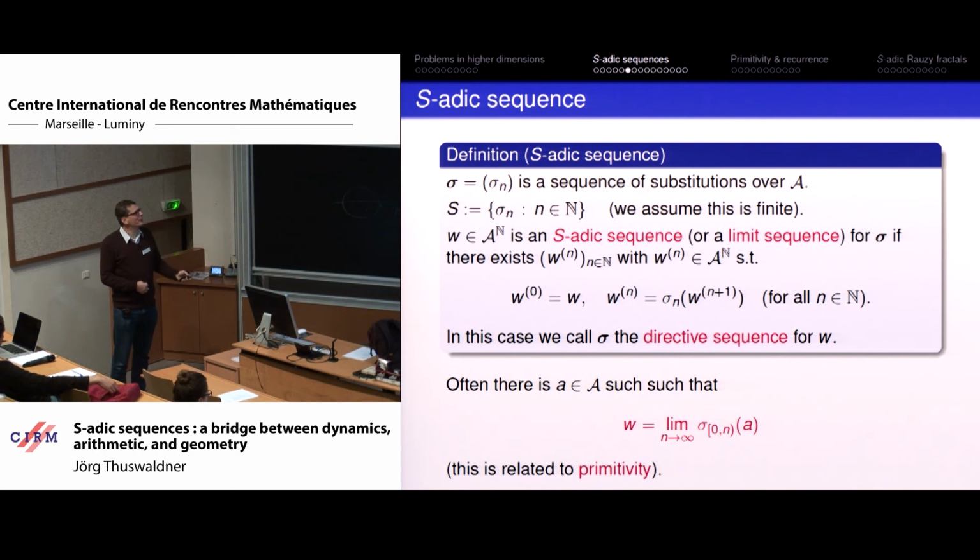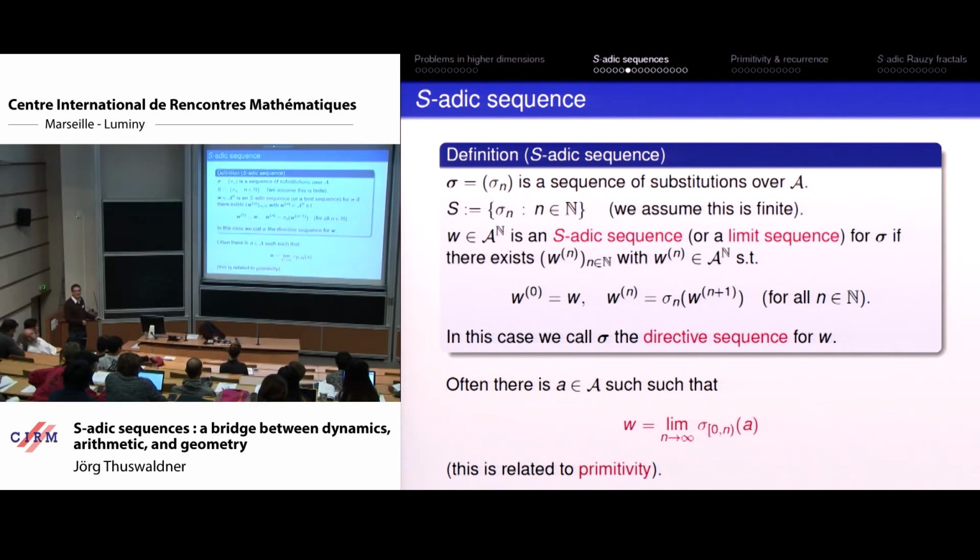This is just a formal definition. What it really is, under reasonable conditions, is written here. Essentially, this is related to primitivity, but essentially it is possible to write it like this. You take a letter a, and you hit this letter a by your sequence of substitutions. You get an infinite word, which is called an S-adic word.